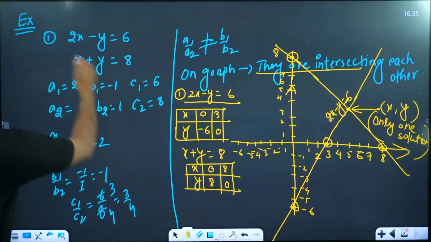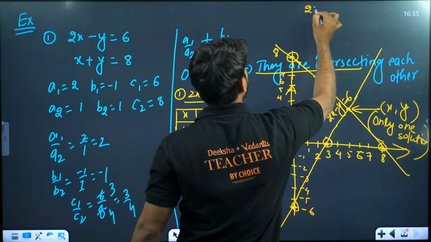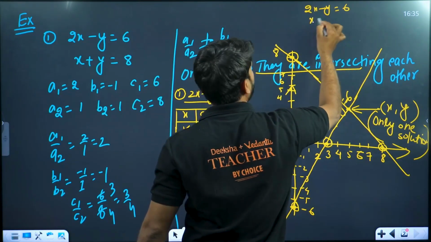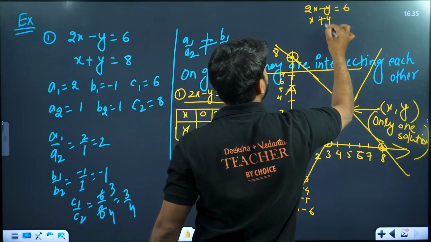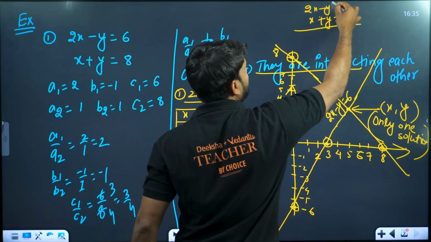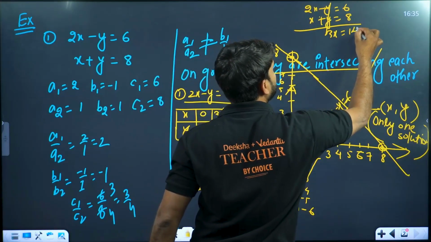Let's solve this. What will be the solution? 2x minus y is equal to 6, and x plus y is equal to 8. We can apply the elimination method. On adding both the equations, y will be cancelled. 2x plus x will be 3x, and 8 plus 6 is 14.